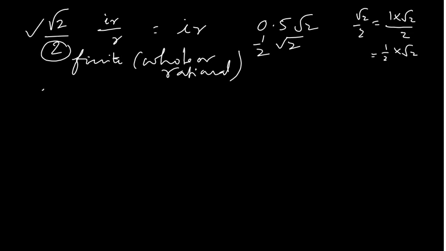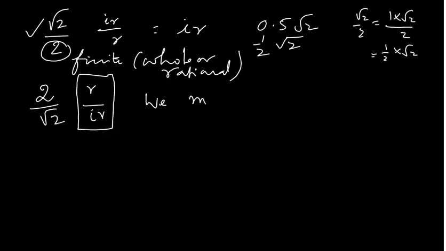But if we have the other way, 2 divided by root 2, in such a case you are having a rational number divided by an irrational number. So when you have these things, we must rationalize the denominator.